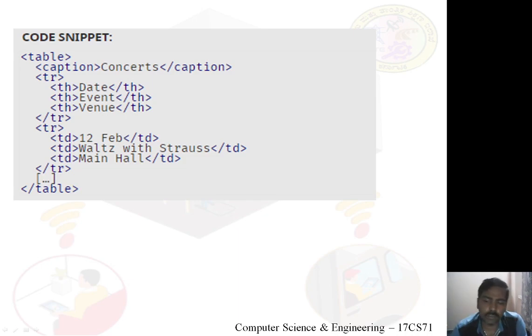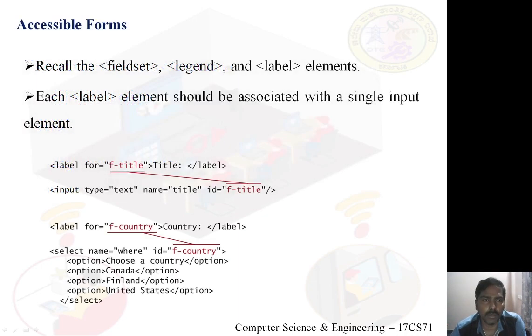So now let me discuss form accessibility. Let me assume in a form there are two fields. One is a text box and the other is a select menu.